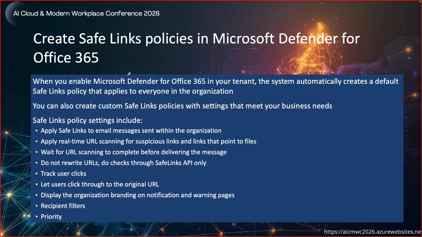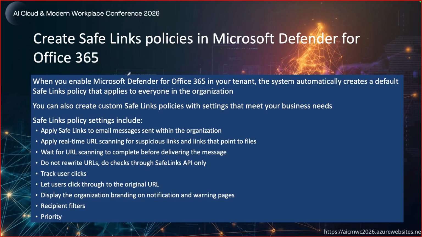If you don't want to create any custom safe link policies, you can still go with the default one, but you may want to create your custom safe link policies with some specific settings. So some of the settings that we will see through the demo is to apply safe links to email messages sent within the organization, real-time URL scanning for suspicious links, that's a good one.